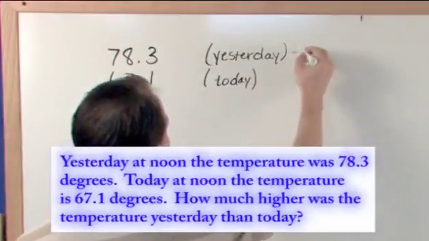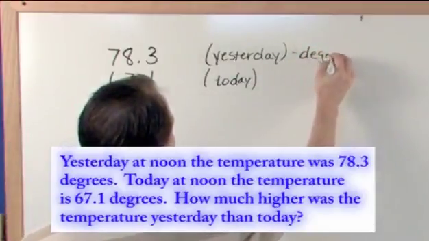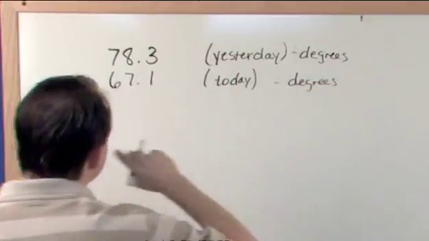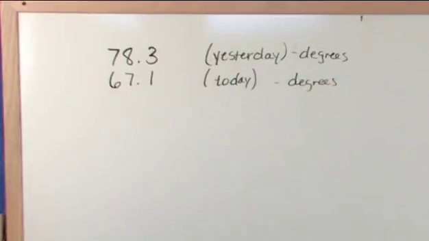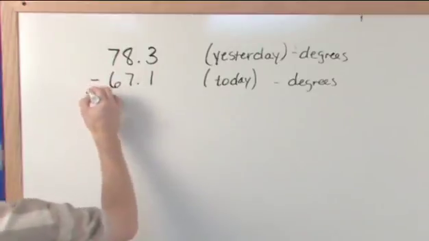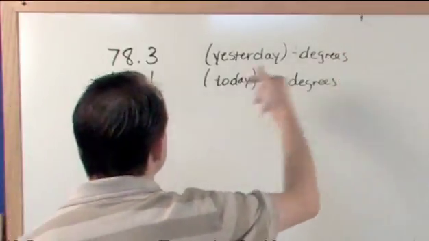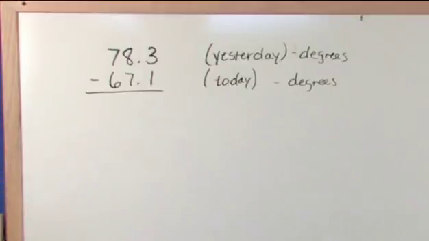And these are both degrees. Now remember, in other parts of the class I've told you, when you add or subtract numbers, you have to have the same units. So we have the same units. Degrees subtracted from degrees is going to give us degrees in the final answer here. Okay, so we want to subtract these things.